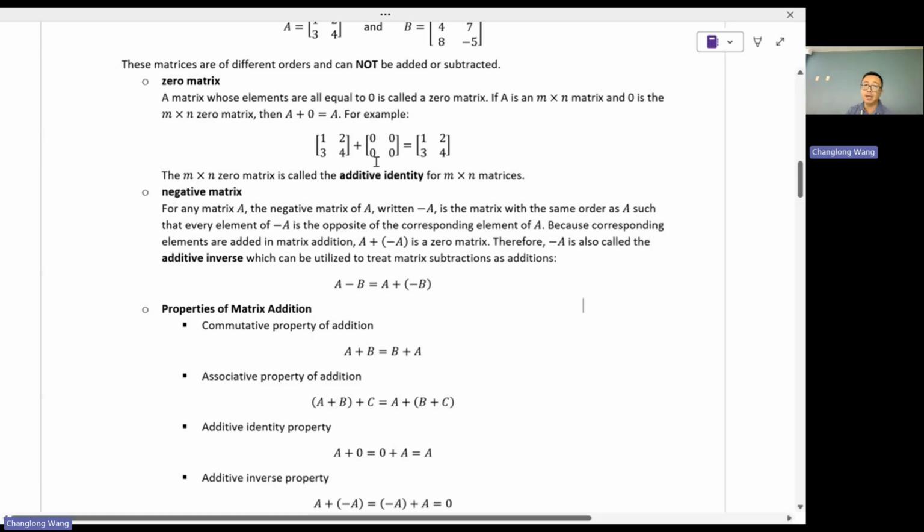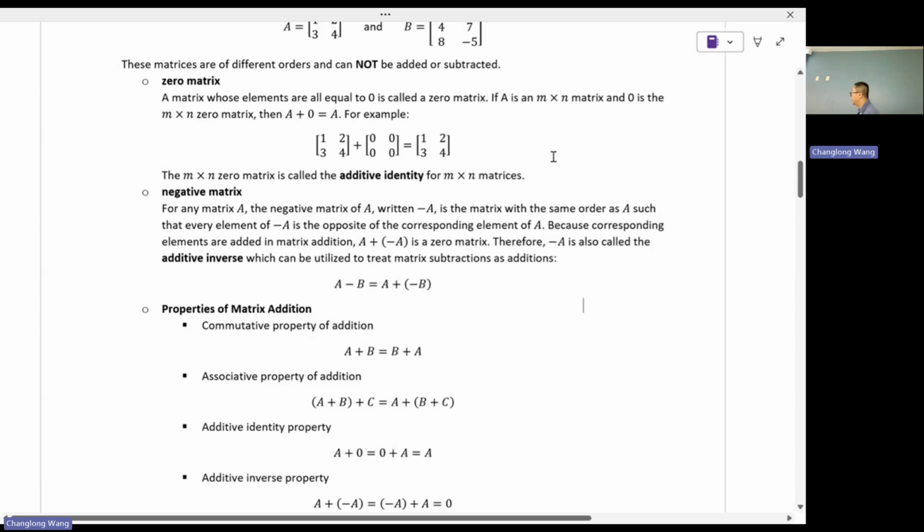And that happens to matrices. To have a zero matrix, it's as simple as putting all zeros for its entries. That's all. You just have a matrix with all entries zero. Then you add it to or even subtract it from another matrix, and you have the same matrix as before. It doesn't change the original matrix.